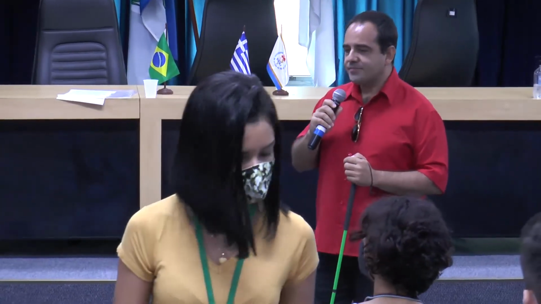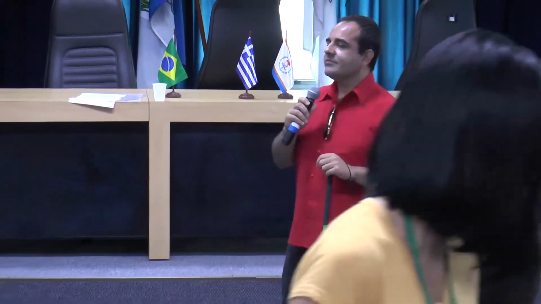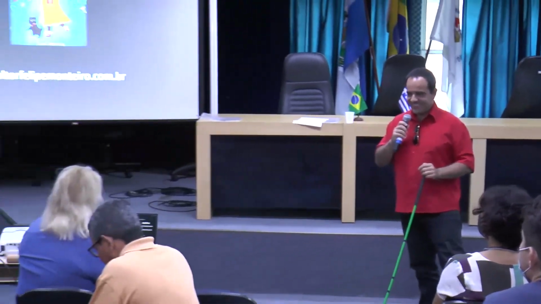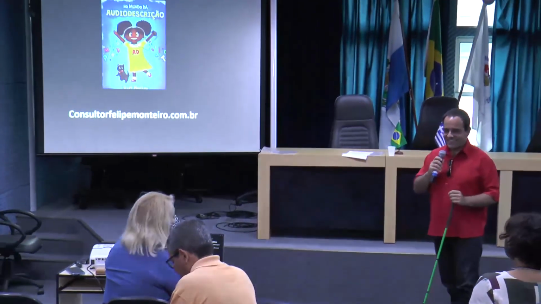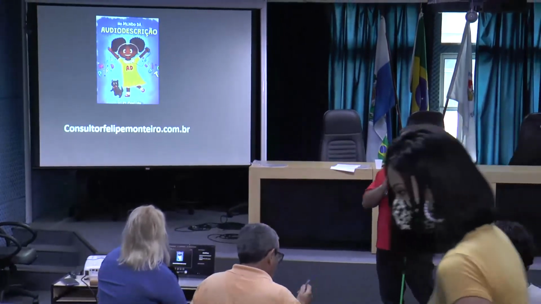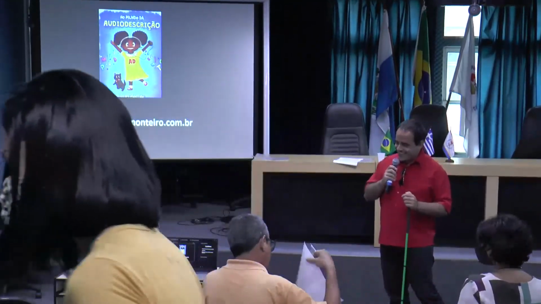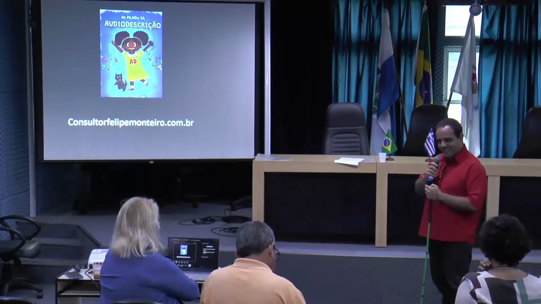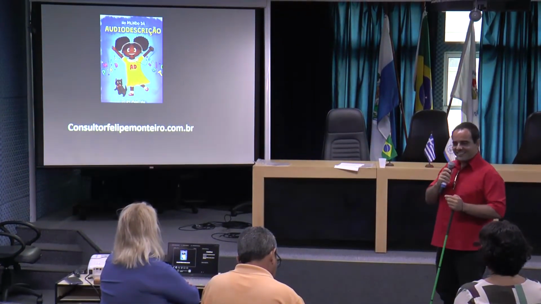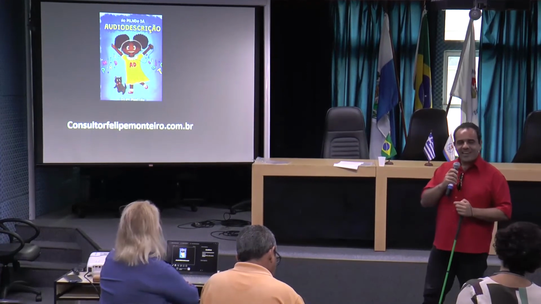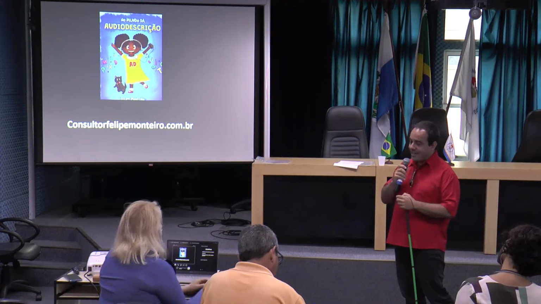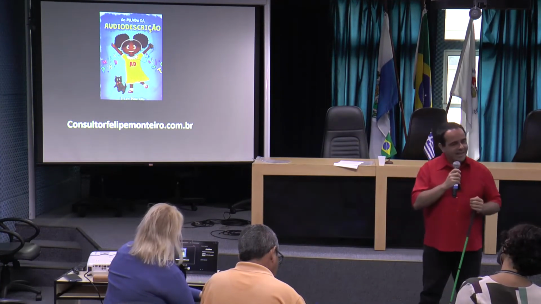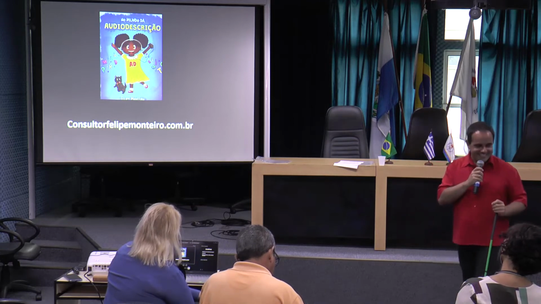It is a cartoon, Audiodescrição, and consultant Felipe Monteiro. Congratulations. This is my kid's book. Okay, the cover is blue. There is a black girl. The black girl is called Isa.